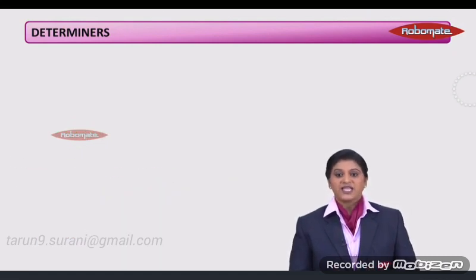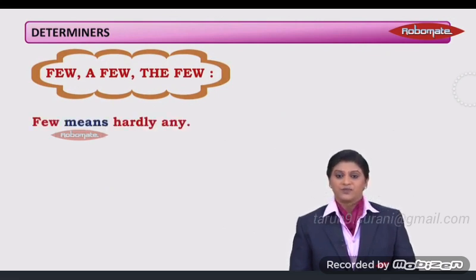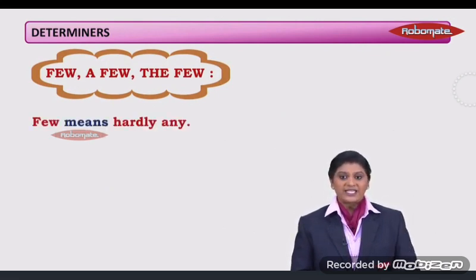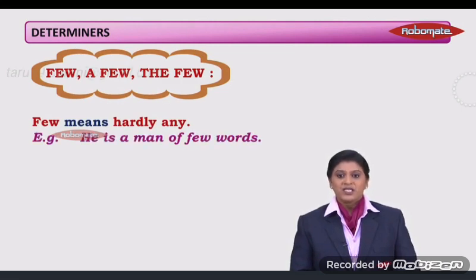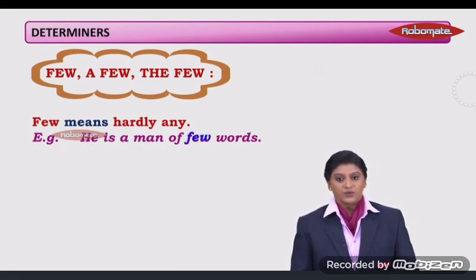Let us proceed to the next two determiners, few, a few, the few. Let us first take few. Few means hardly any. For example, he is a man of few words. Over here, the noun that we consider is words, and the determiner that precedes it is few. In this case, it means he hardly uses words.